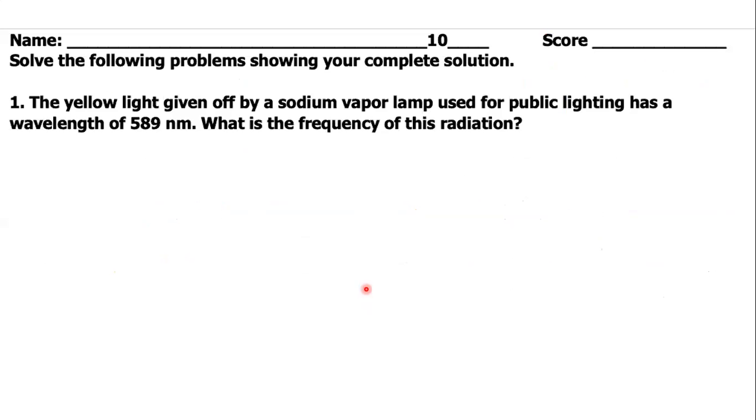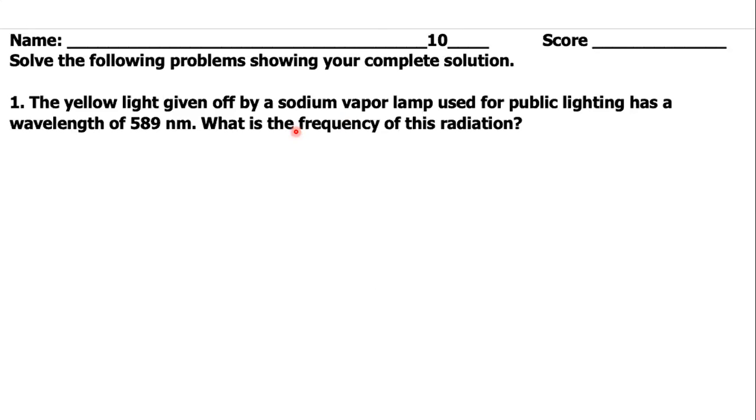So we have here question number 1. Question number 1 is about the yellow light given off by a sodium vapor lamp used for public lighting. It has a wavelength of 589 nanometers. What is the frequency of this radiation? I've mentioned last time that in order for you to organize your thoughts, we make use of the GRAS form: given, required, analysis, and solution.